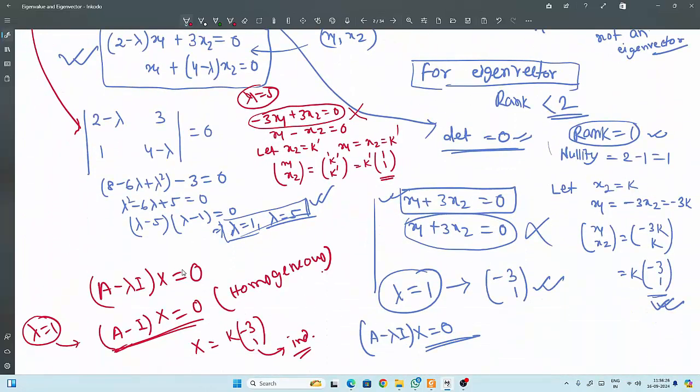First calculate the determinant of this as 0, then you will get the eigenvector, and here only one independent eigenvector is there for lambda equal to 5. So actually the 1 1 vector is producing the eigenspace for lambda equal to 5.